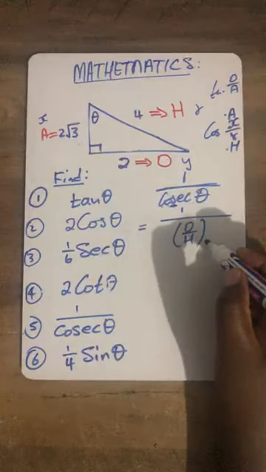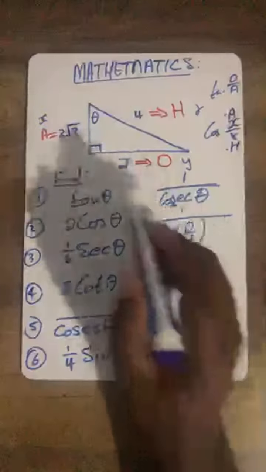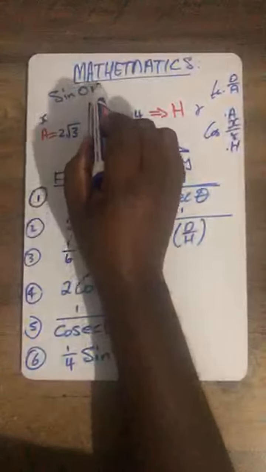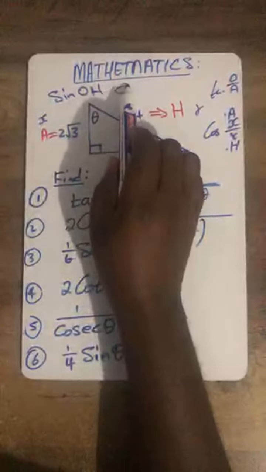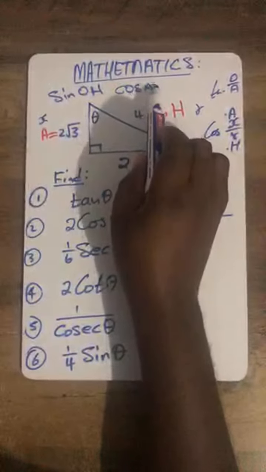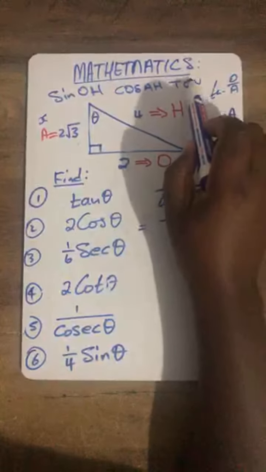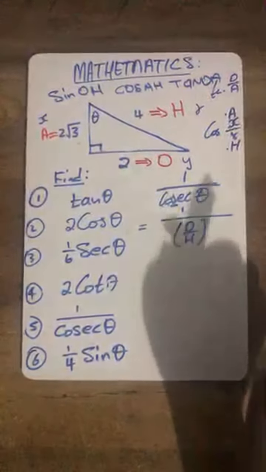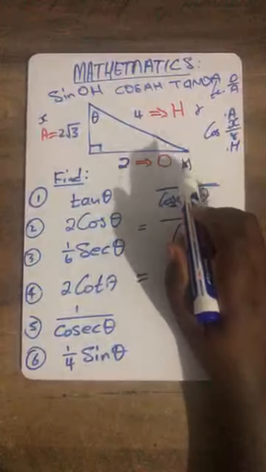I say it as sinoa, meaning opposite over that. For cos it is causa, meaning adjacent over that. Tan we say is tanoa, meaning opposite over adjacent. But because it is cosec, it means it is vice versa.